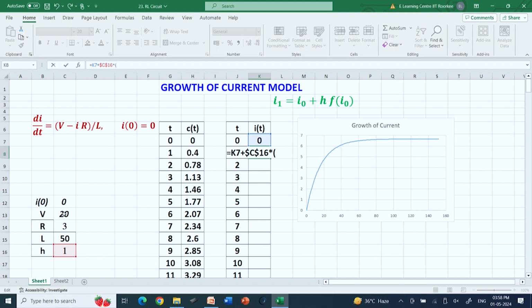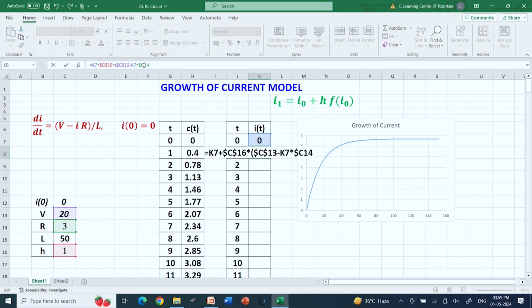So V, which is 20, again this is a constant, minus I multiplied by R, which is again a constant.